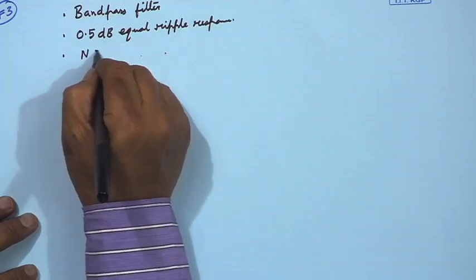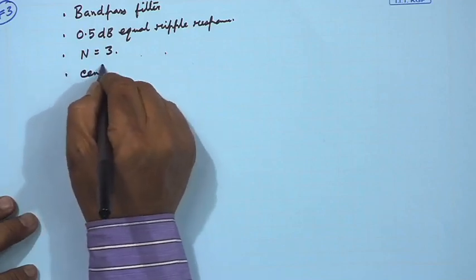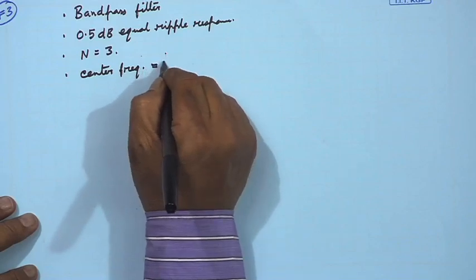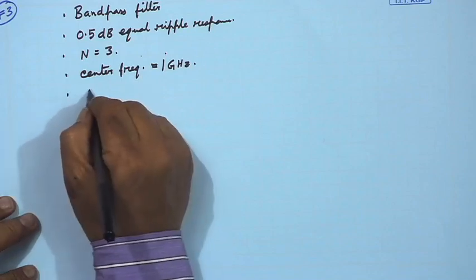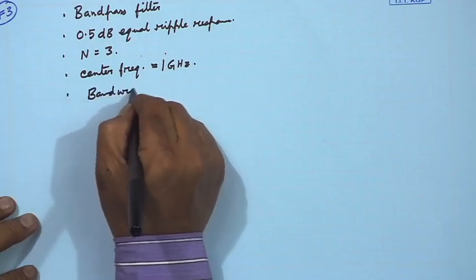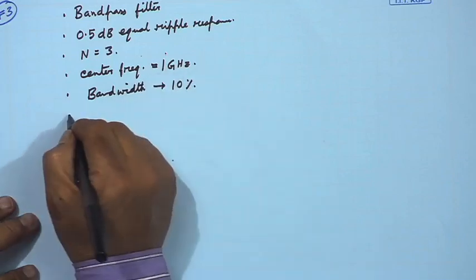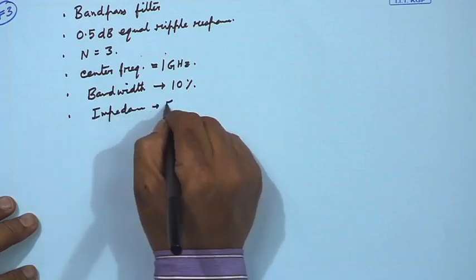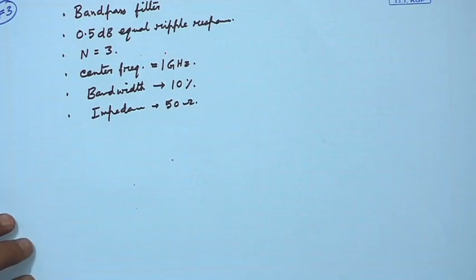It is given that you take n is equal to 3, the center frequency, that means our omega naught is 1 gigahertz, bandwidth, percentage bandwidth is 10%, and impedance level is 50 ohm. So, you see n is equal to 3 is said.